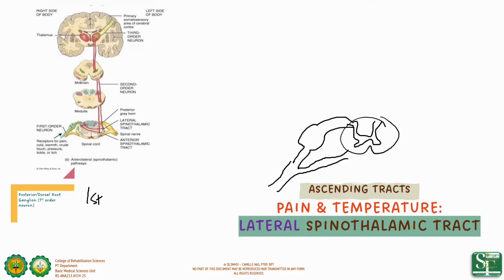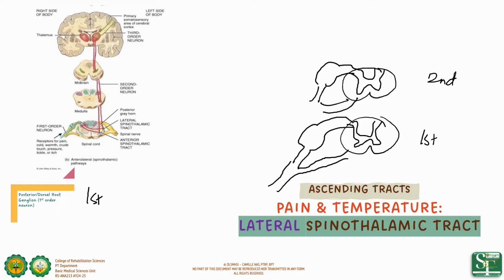Okay. Isa pa. So, this is the first segment, second segment. So, ganun ulit. Dorsal root, ganglion, and then ventral root, and then the spinal root. Okay. So, this is for pain and temperature.